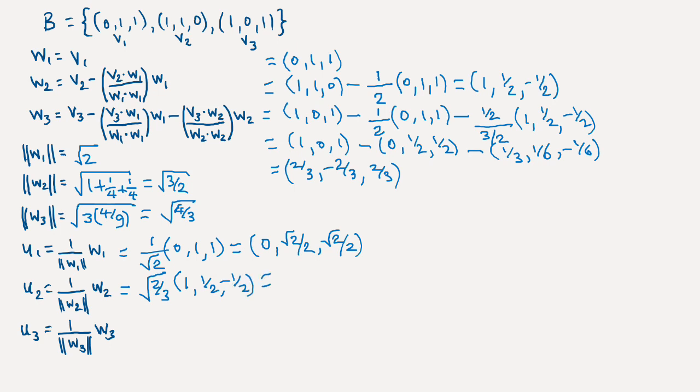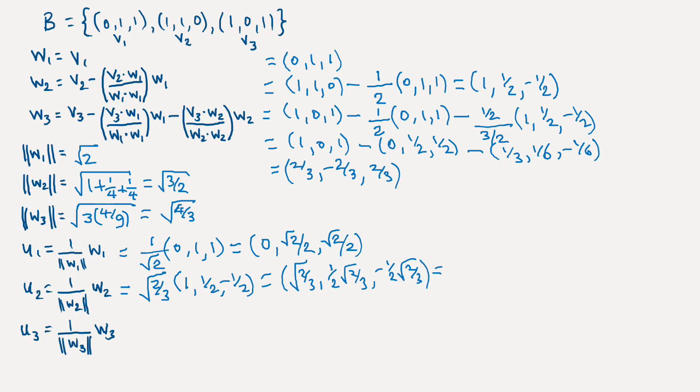So if I simplify that, we could write this in a few different ways. Root 2 over 3, and then 1/2 of root 2 over 3, and then minus 1/2 of root 2 over 3.